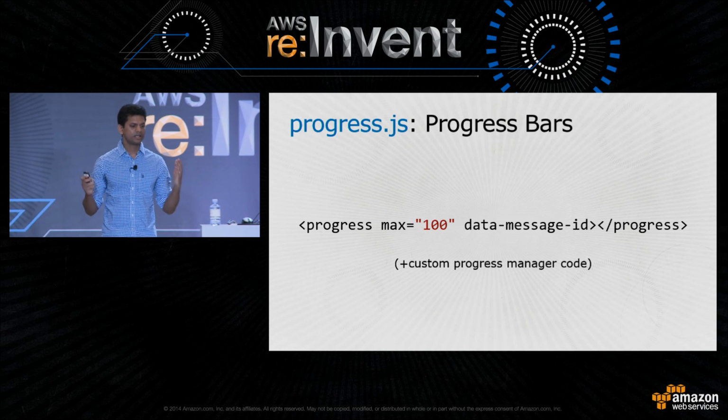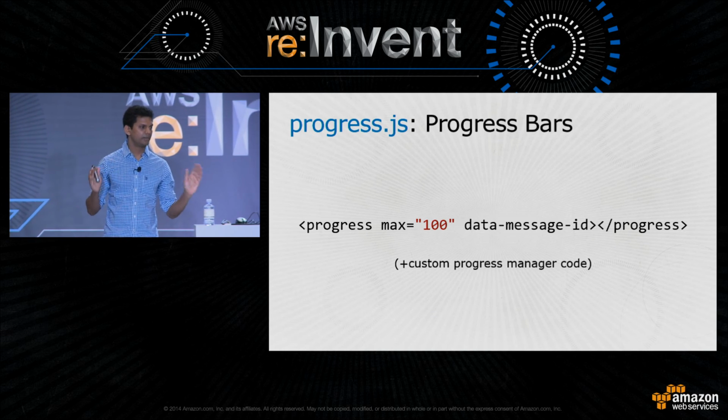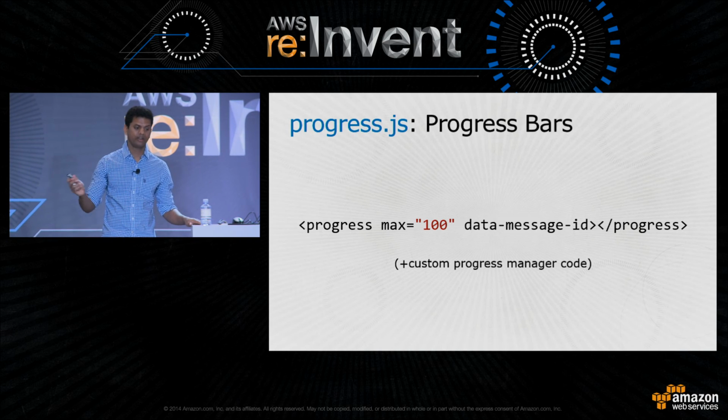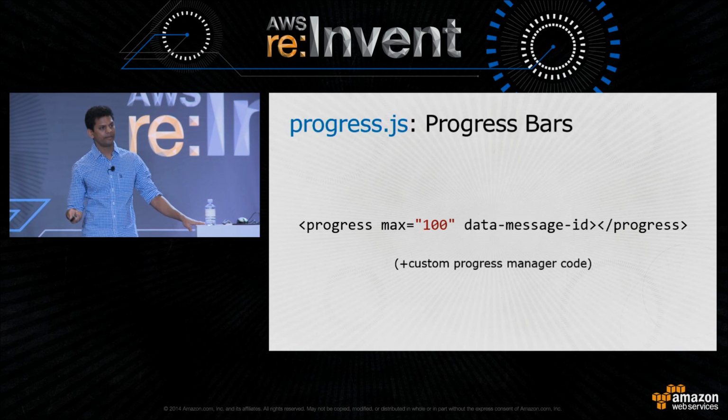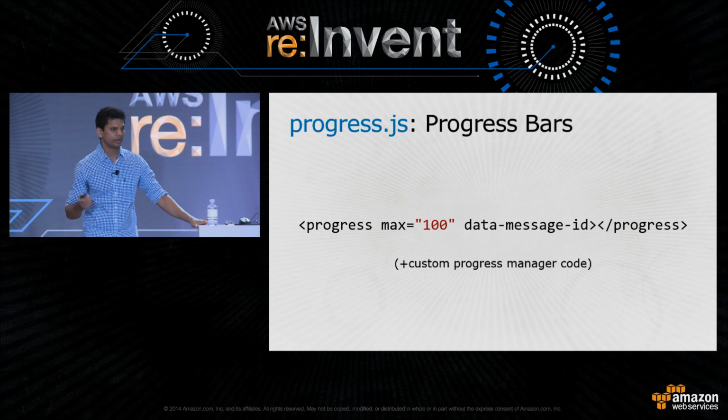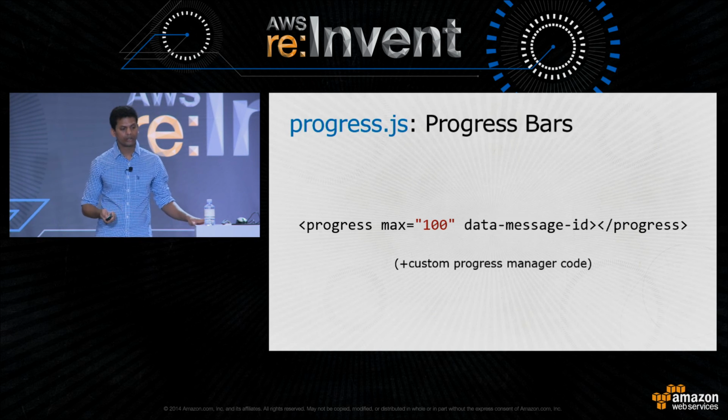So the progress manager allows you to map your progress notifications to the files that are being uploaded. Again, all of this code is available on the GitHub account, so you can go ahead and download it, play with it, add to it and use it the way you want to. It's licensed under Apache 2.0, I believe.